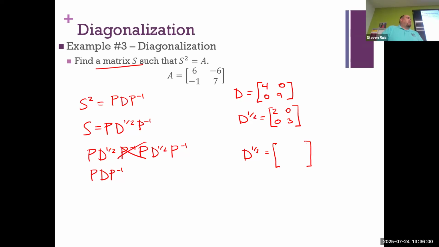Are there other numbers that do that? Really, any of these are going to work. So that's why I'm saying there are 4 matrices that do this, because there are 4 different combinations if you flip the signs on both 2 and 3.